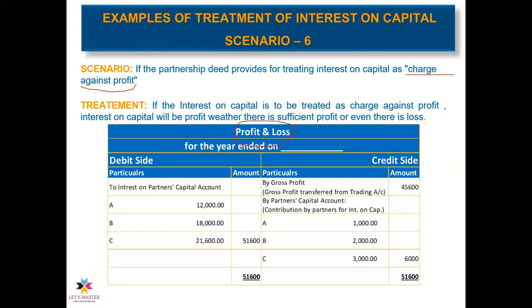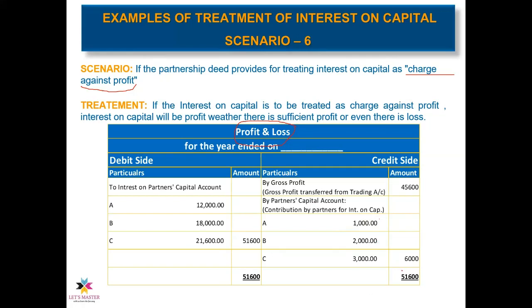So here the gross profit transferred from trading account is 45,600, and the total amount of interest on capital due to the partners is 51,600. So we have brought in an additional 6,000 from partners' capital account, and this amount will be taken from the partners in their profit sharing ratio.